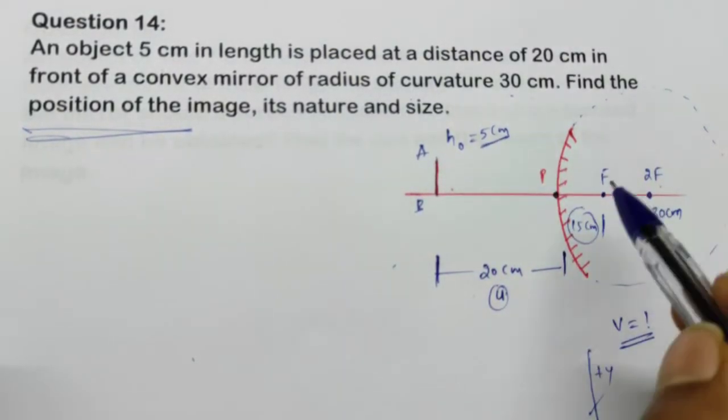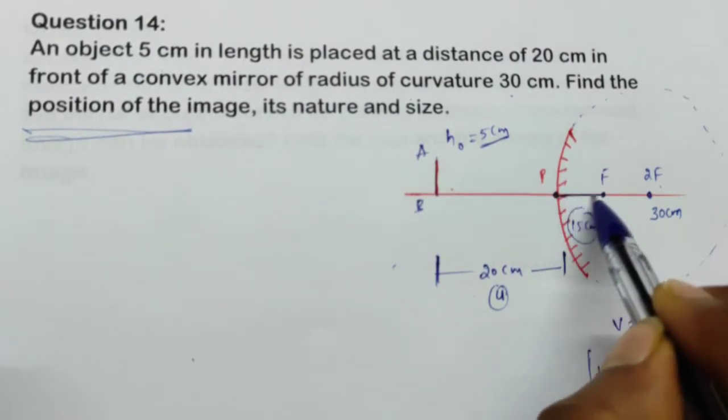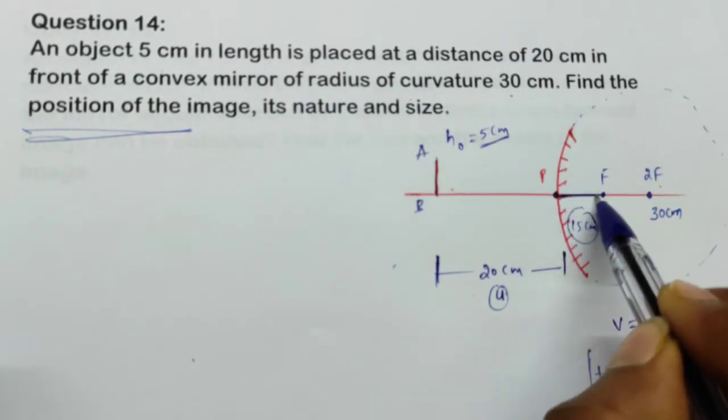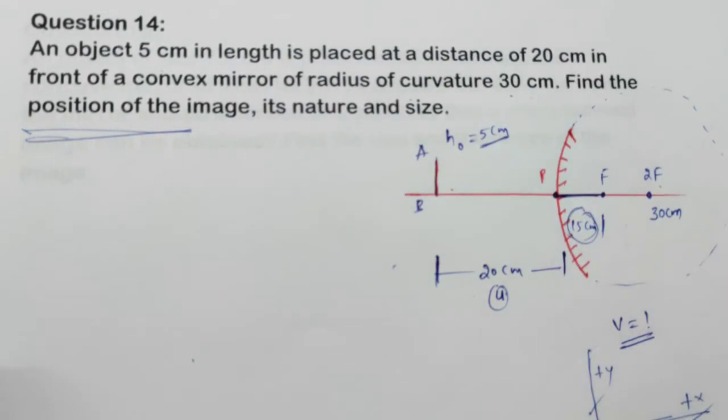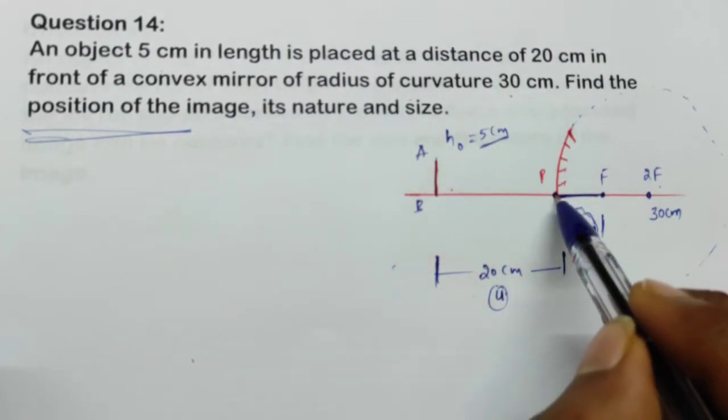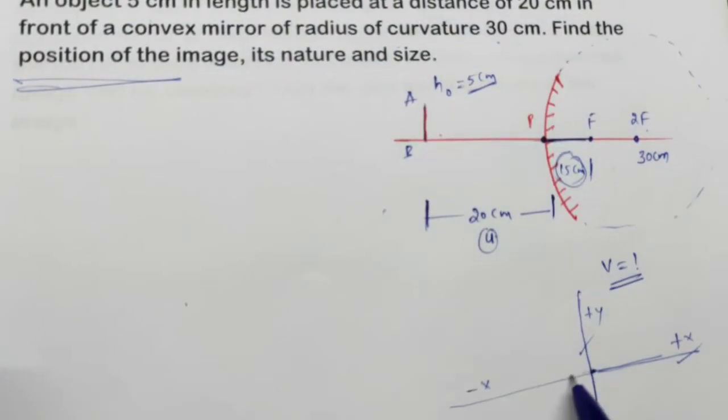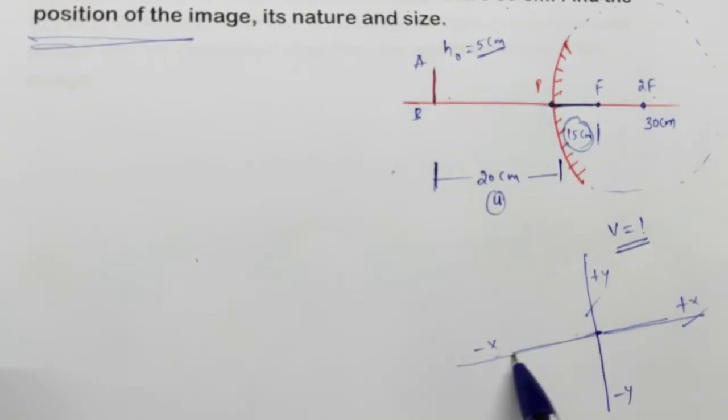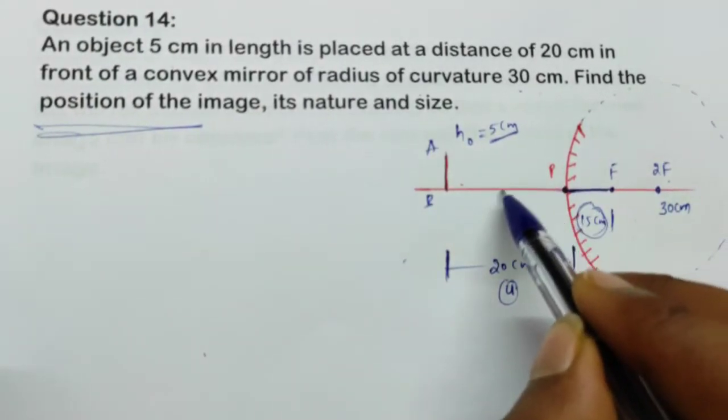If you see the focal length, here we are measuring in positive x, which is plus. But the object distance we are measuring in this direction, which is minus.